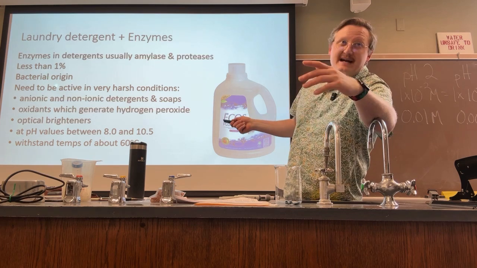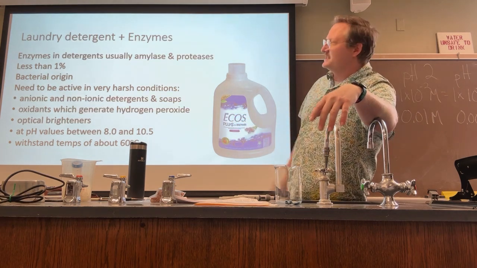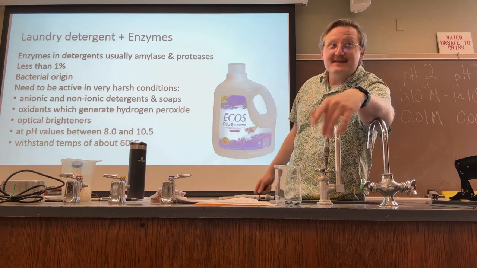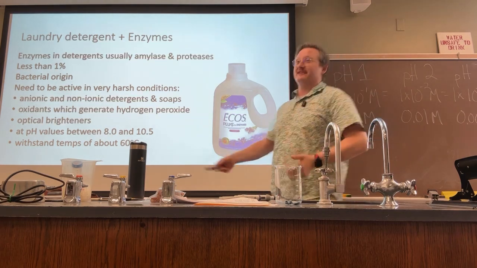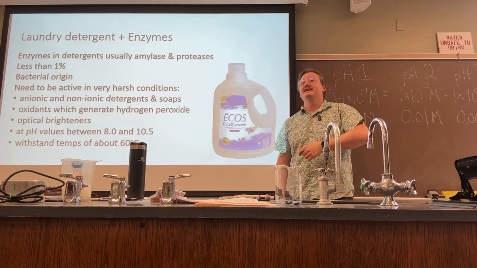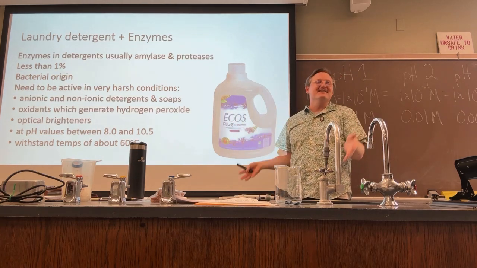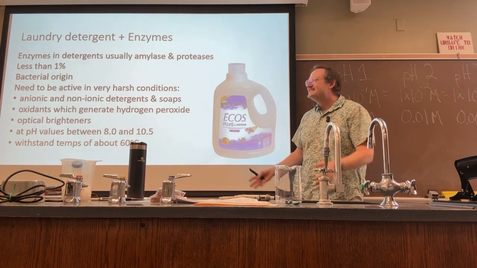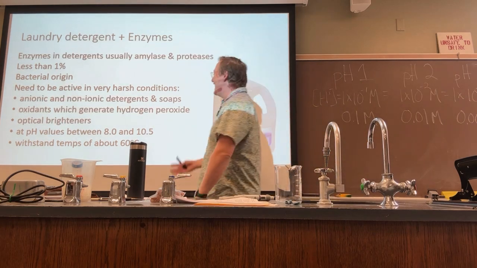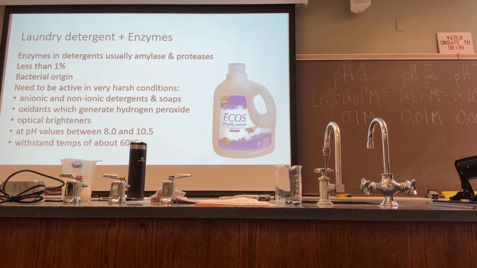These usually come from bacterial origin. You get enzyme detergents all the time, and usually they're isolated from extremophilic organisms, usually extremophilic bacteria, because the laundry machine is an extreme environment, right? So the enzymes need to be stable at basic pHs and at high temperatures, all right?